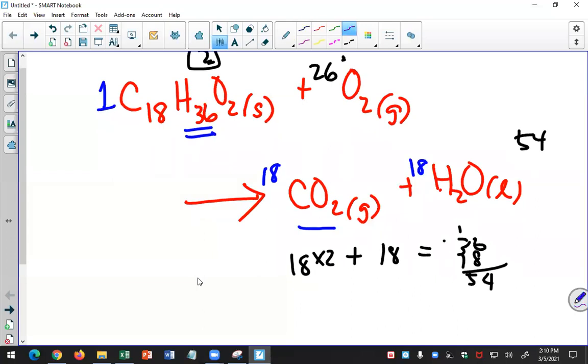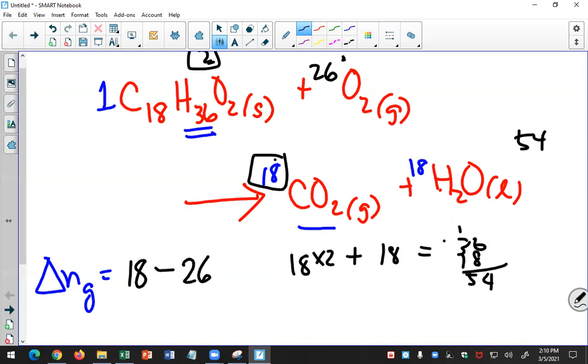Delta n gas is, how many moles of gas on the product side? 18 CO2s minus 26 O2s on the left side. So 18 minus 26 is how much? Minus 8.